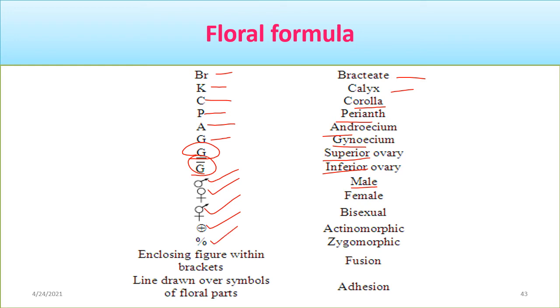If they are fused, they are shown with brackets. Then adhesion, that line drawn over the symbols like this. Epipetalous condition, episepalous condition, these kind of lines are generally drawn.